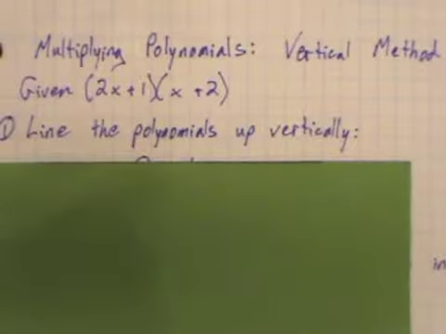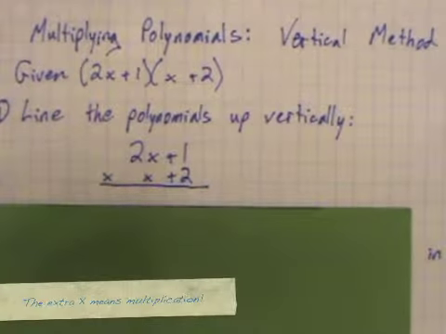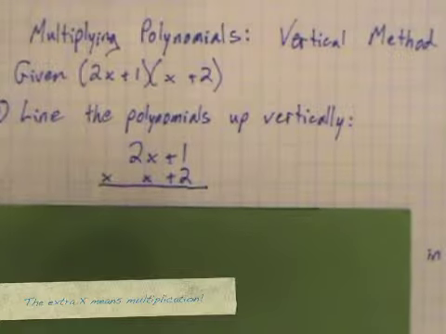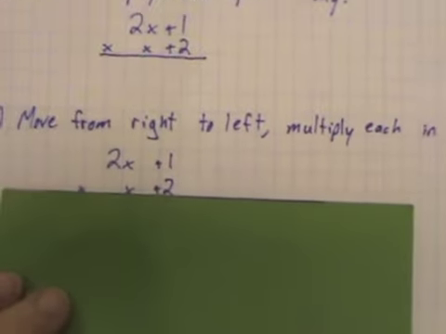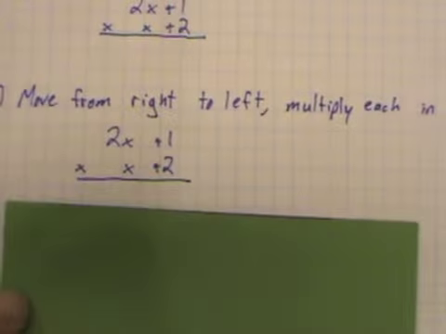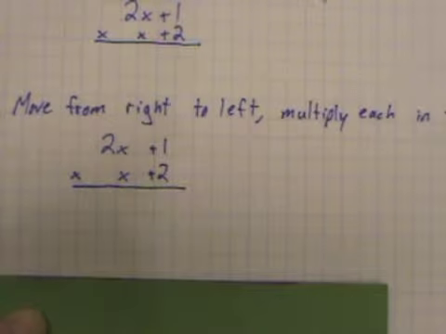Step 1. Line the polynomials up vertically, like so. Step 2. Move from right to left, multiply each in turn.